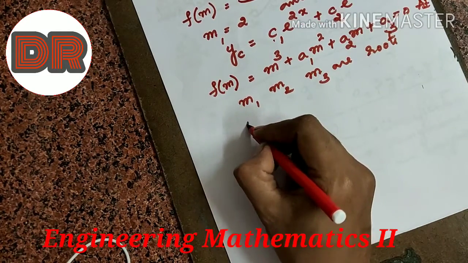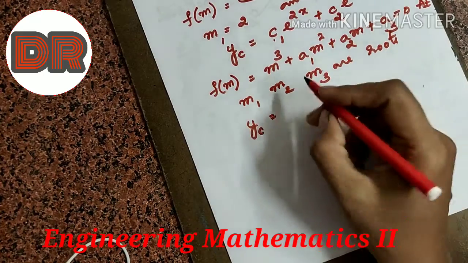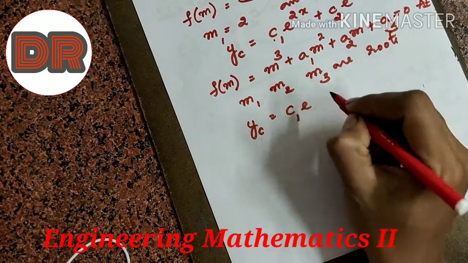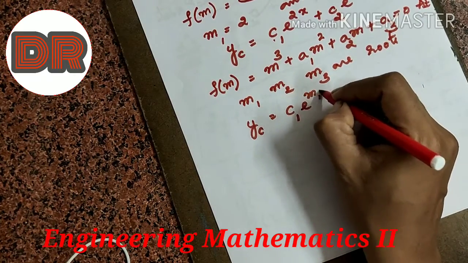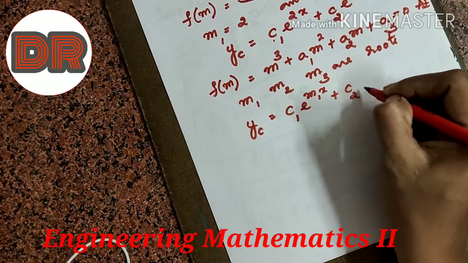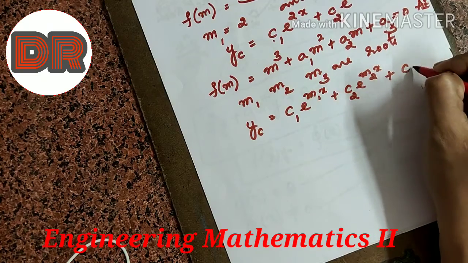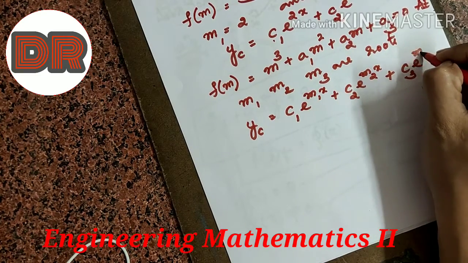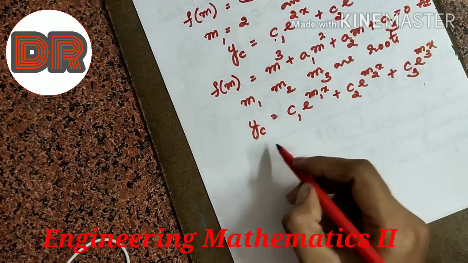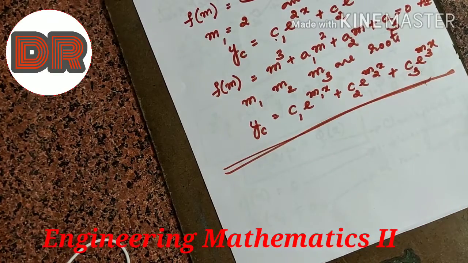Then the complementary function yc can be written as c1 e to the power m1 x plus c2 e to the power m2 x plus c3 e to the power m3 x. The same thing can be extended to n roots also.